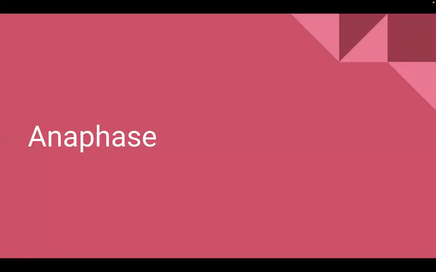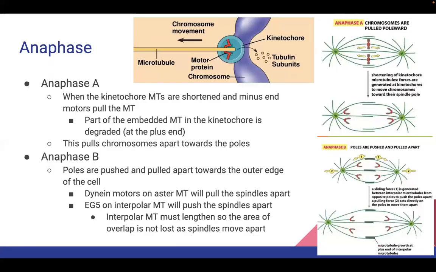So now going into anaphase. There are two parts of anaphase, A and B. During anaphase A, kinetochore microtubules are shortened and the minus end motors are going to pull the microtubule away from the center of the cell.